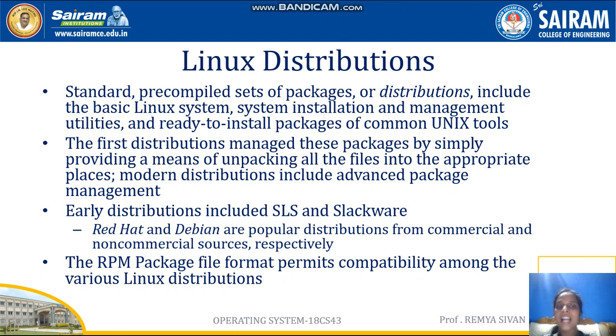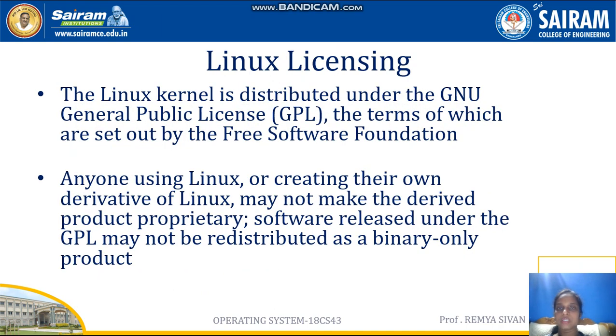Modern distributions include advanced package management. Early distributions include SLS and Slackware, and the main supporting ones are Red Hat and Debian, popular distributions from commercial and non-commercial sources. The RPM package file format permits compatibility among the various Linux distributions.